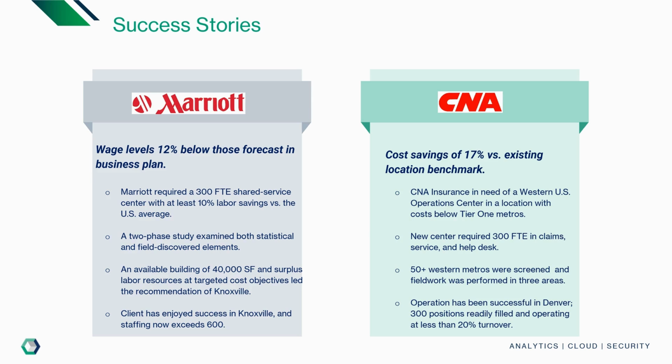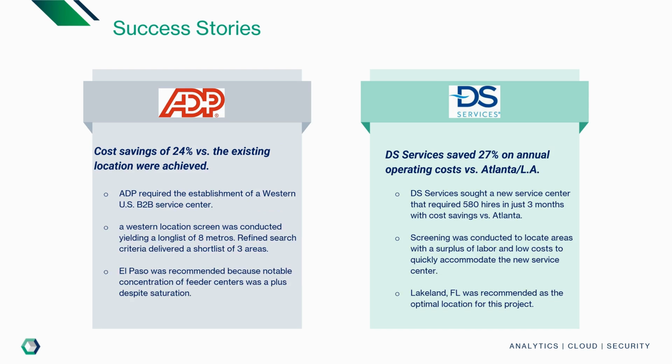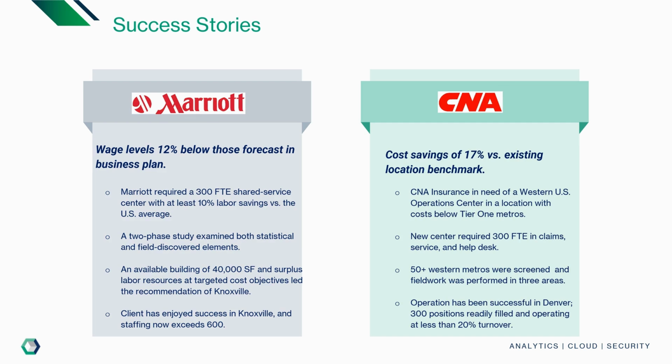The available labor pool allowed hiring at wage rates 12% below what was originally forecasted. When CNA Insurance needed a Western U.S. operations center with 300 roles in claims, service, and tech support, the evaluation process pinpointed Denver as the ideal city, providing a 17% cost savings versus their existing benchmark location.